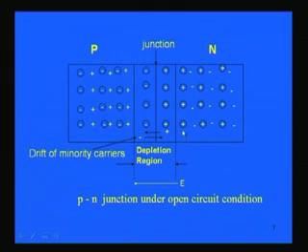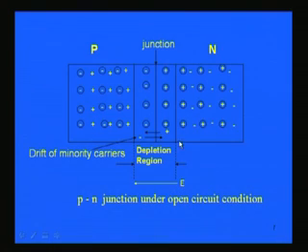Now this E is developed because of this crossing over of holes and electrons and because of this barrier potential being developed. The direction of the field is such that it is positive on this side and negative on this side. So these minority carriers, the electrons which are minority carriers for the p type, will be attracted by this field, because it is positive towards the right, and the minority carriers which are holes will be attracted by the negative of the potential.